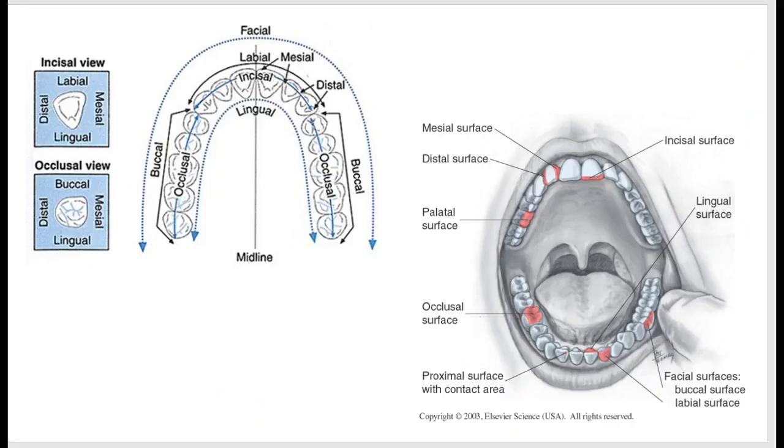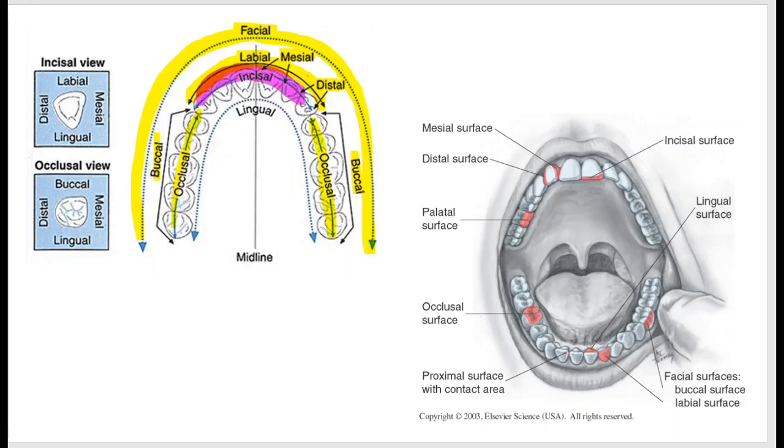This is just another picture to show you a little bit. This is all the facial, you can see it goes all the way around. This is the buccal on the posterior teeth, and the labial on the anterior teeth. Mesial and distal on each tooth. Buccal here again. All of that is occlusal, and all of this is incisal.